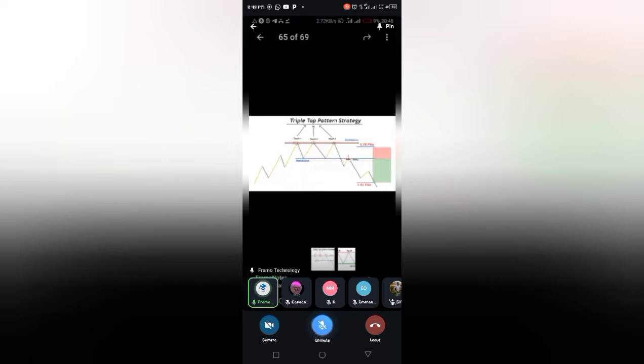So you could see the double top is there, but then it couldn't break the neckline. It went back again and bounced on the resistance to form another peak. Then it came later to break out.